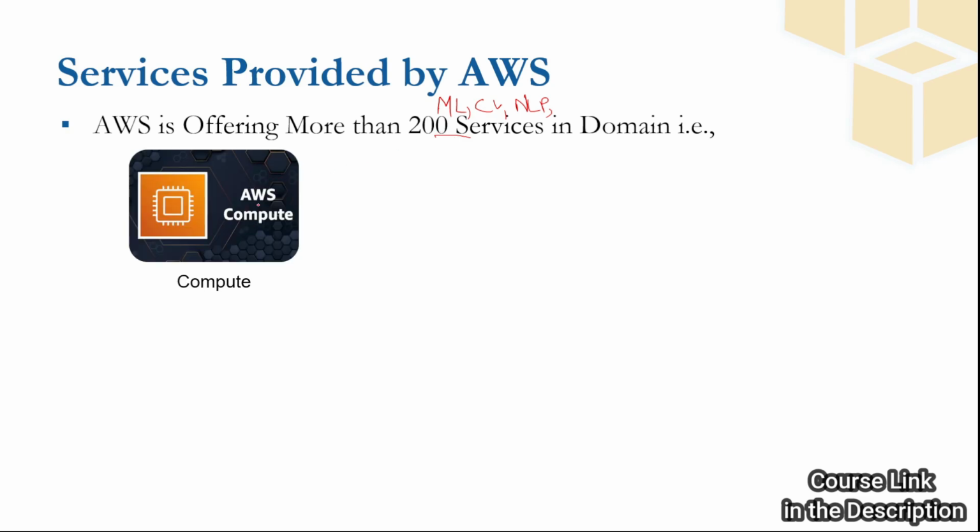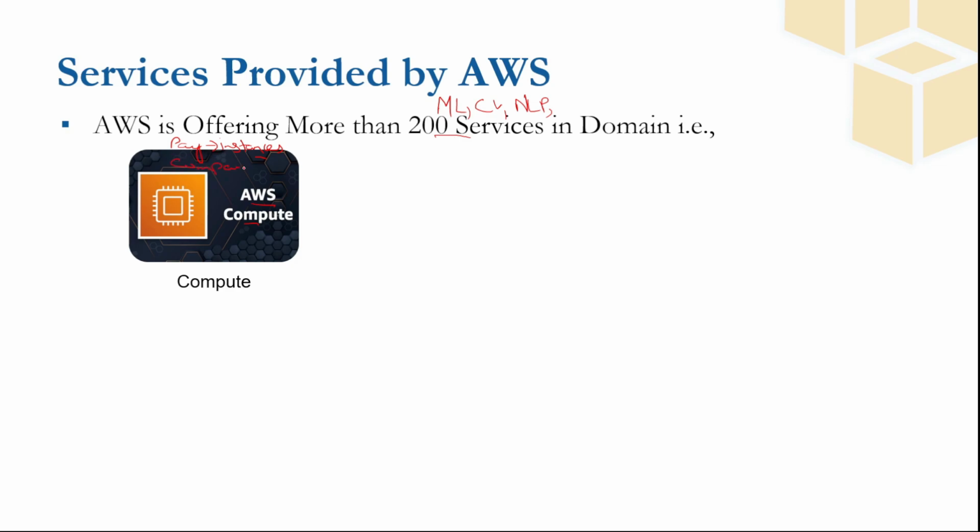So the first service that we are going to discuss is AWS Compute. So AWS Compute basically allows you to pay for the instances that you are using, of course, right? So there is a lot of chance that you might not need that much of cloud infrastructure when we are talking about your company, right?